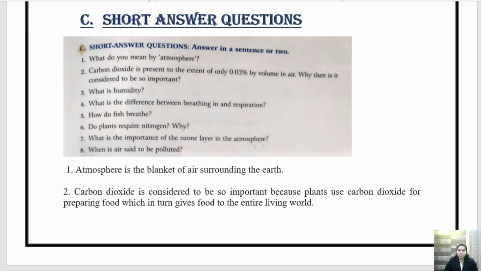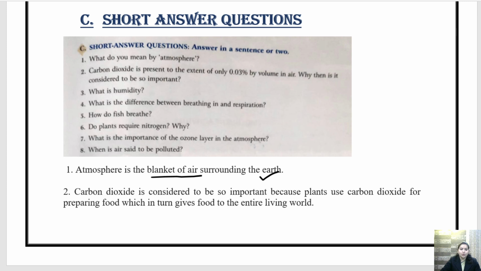Okay. So starting with the short answer questions. Question number 1. What do you mean by atmosphere? So children, what is atmosphere? We know that atmosphere is the blanket of air surrounding the earth.